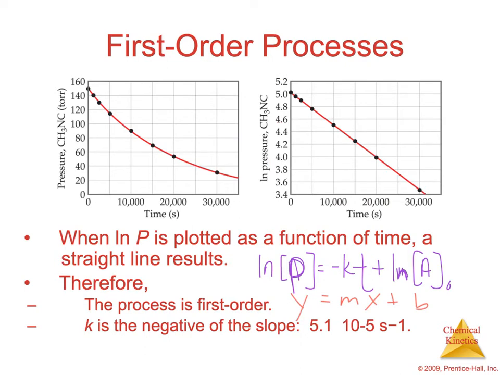This is a straight line, so that tells us it fits this equation, which means it must therefore be a first-order process. If we were to calculate the slope, k would be the negative of the slope, and they did calculate that for us. And this is supposed to be 5.1 times 10 to the negative fifth.